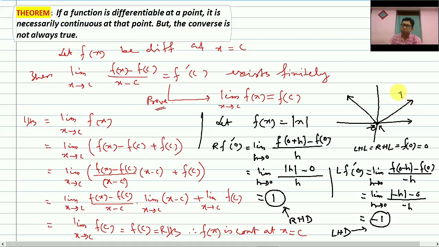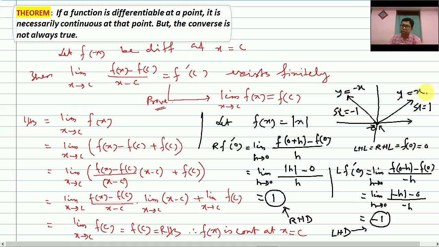This is y = plus x, and this one is y = minus x. Now consider y = mx + c. So what is the slope of this line? The slope of this line is equal to minus 1. And what is the slope of this line? y = x, the slope is plus 1.